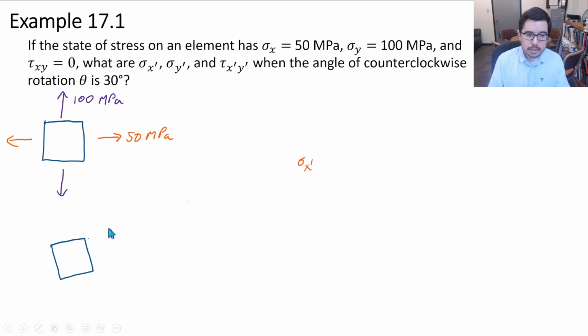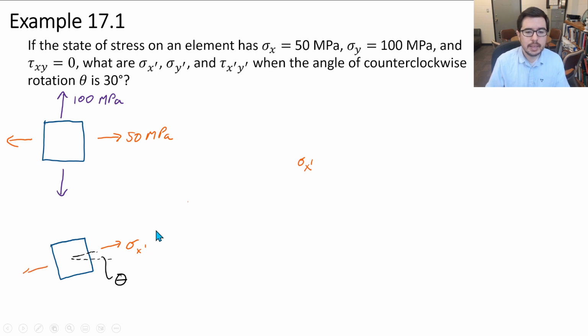We rotate, as you see here, by the specified amount theta, right, 30 degrees. And the element has rotated, and I can see, okay, this face is now rotated this way. This face is rotated a little bit that way, okay? And we can define the sigma x prime that we desire.